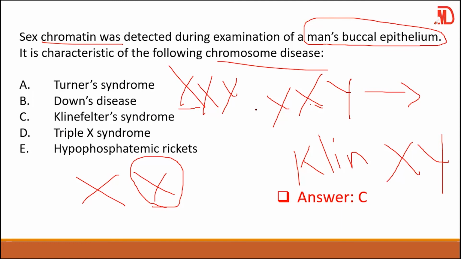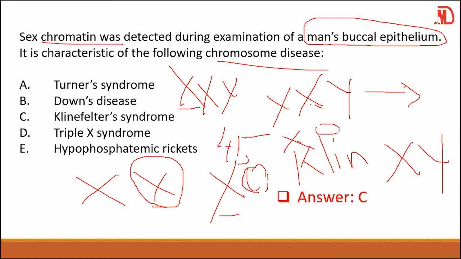Now, if you have XO, which is another condition, Turner syndrome, there's one X, but no other X or Y to pair with it. So the chromosome count will be 45, XO.